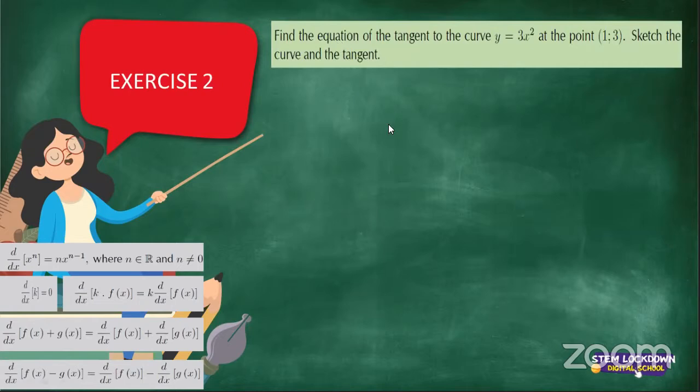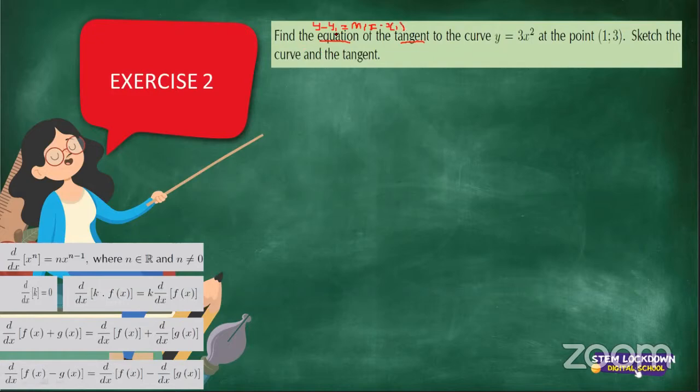What I usually do is write down: because a tangent is a straight line, that means you already know you're going to use your equation y minus y1 equals m times x minus x1.